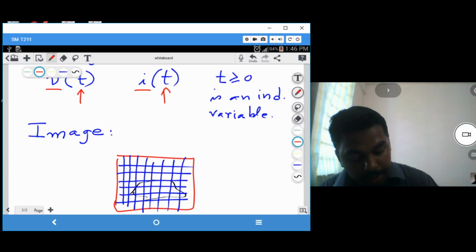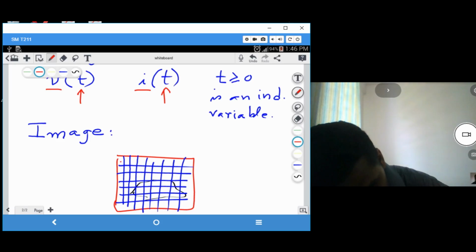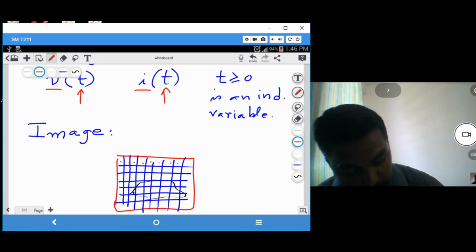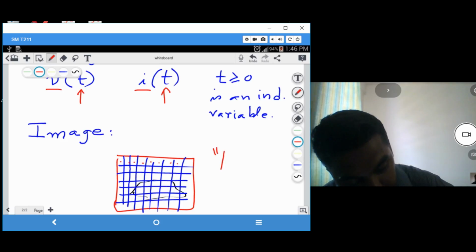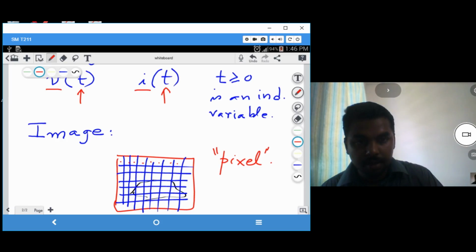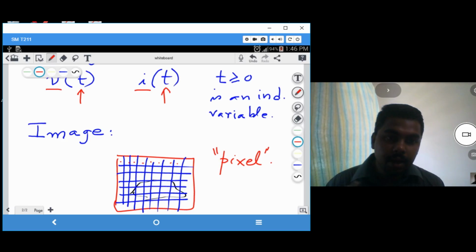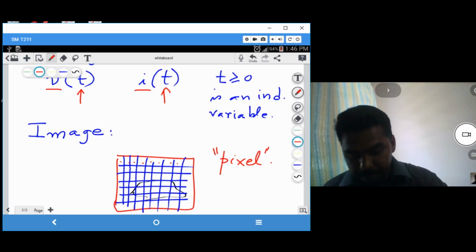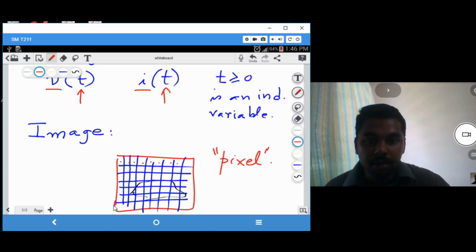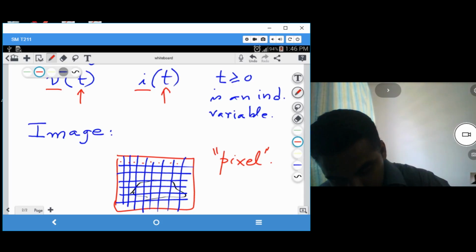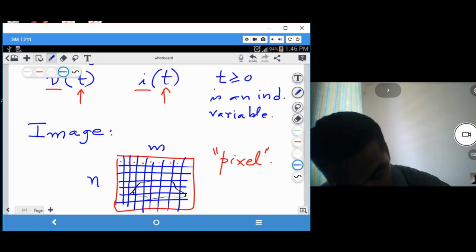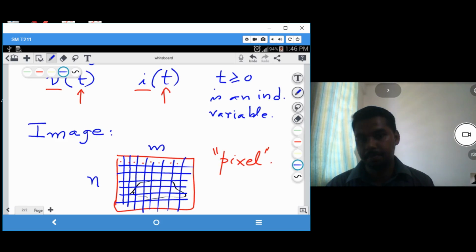Now, each of these rectangular boxes represents a picture element or a pixel. There are some n number of rows and some m number of columns that form the picture. So let us write down that there are n number of rows and m number of columns, so it is an n cross m image.